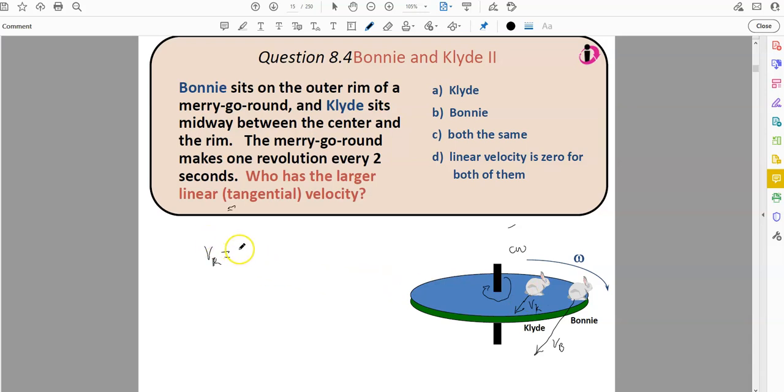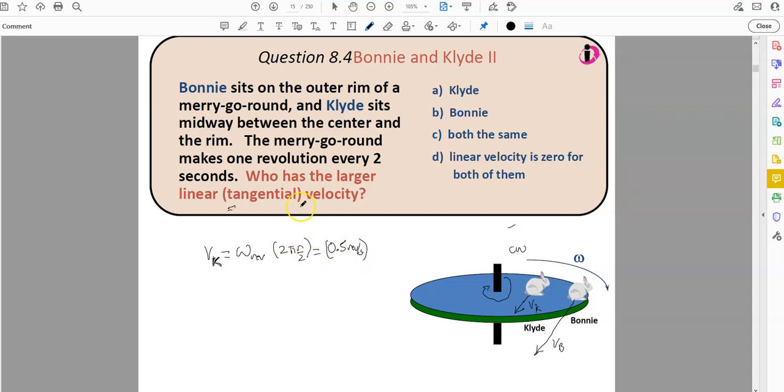So let's do it this way. From the last one that we learned, both Bonnie and Clyde have the same number of revolutions per second, but they're at different locations. Clyde is at, and this is K for Clyde, a radius of R over 2. So basically, they're both making a half revolution per second.